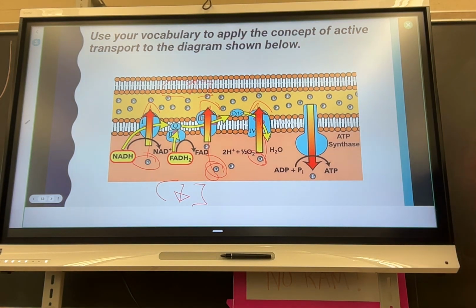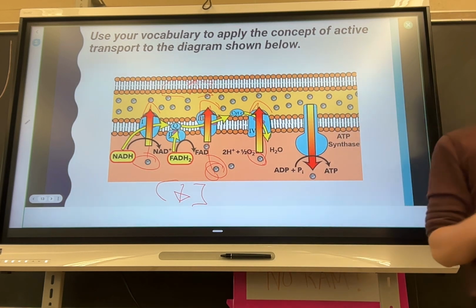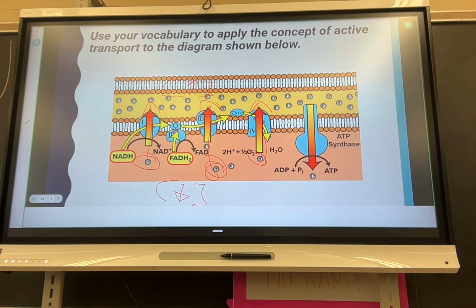It is not photosynthesis. It is cellular respiration. What step of cellular respiration produces the most energy? Keep going. The electron transport chain. This is the electron transport chain.